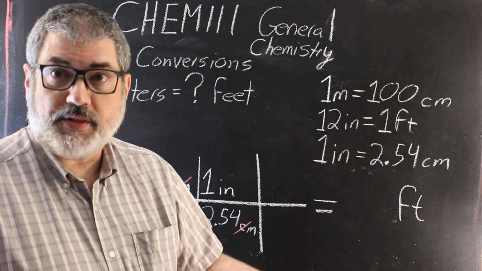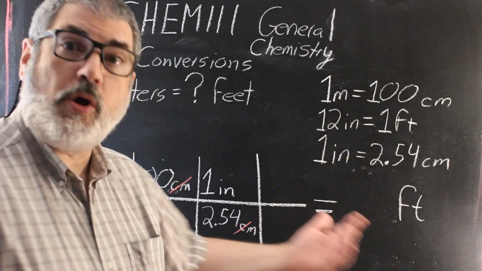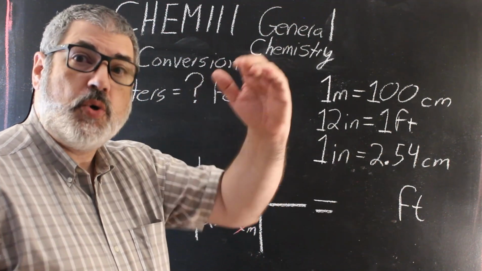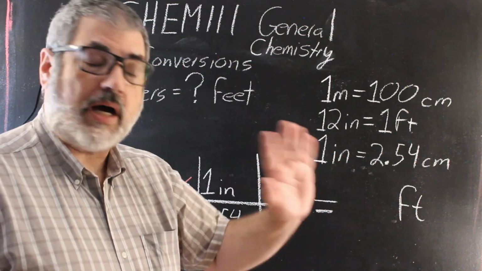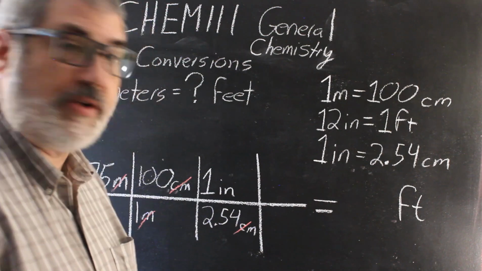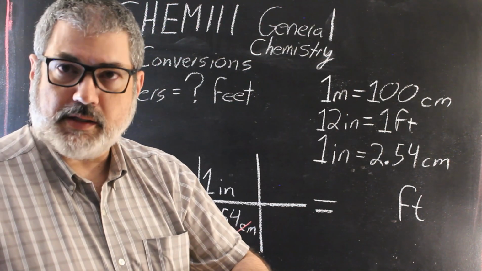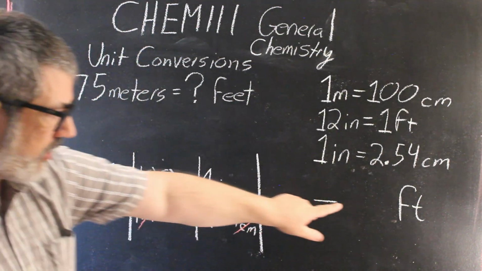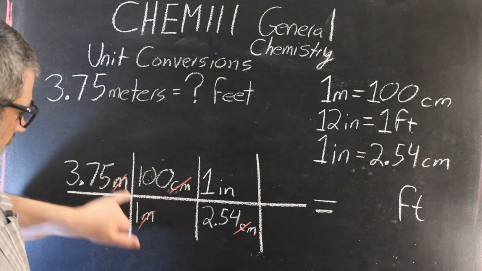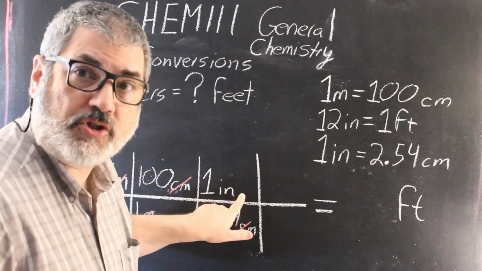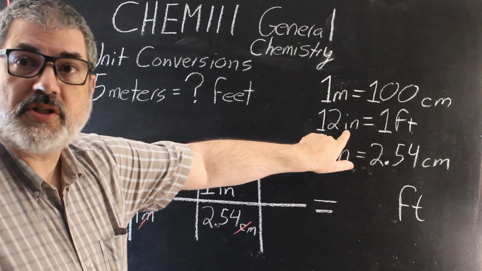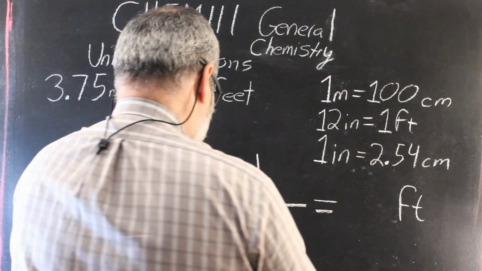So now what we're going to be looking for in a moment is, well, how do I get from inches to feet? And we can clearly see 12 inches is 1 foot. So that'll be the next conversion I put in after I'm done rambling about stuff. But seriously, it's very easy to make a mistake. So meters cancel, centimeters cancel, now I'm in inches, and now we use 12 inches is equal to 1 foot.